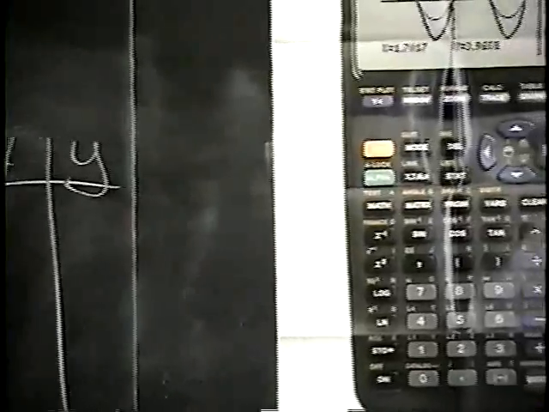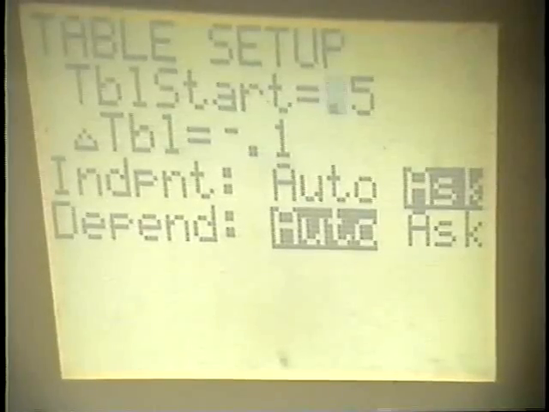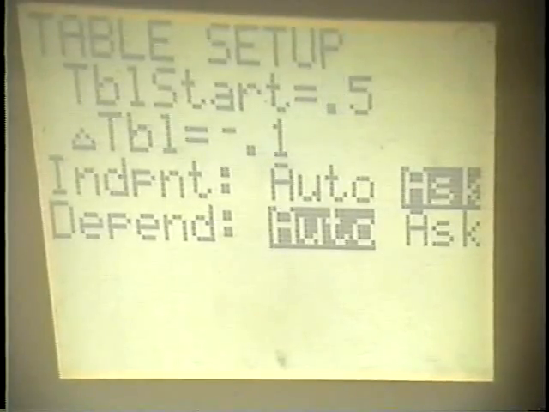If I hit second and the window button, I'll get the table set option. This is the way we generally would like to have this. In other words, we have ask under independent variable and auto under dependent variable.